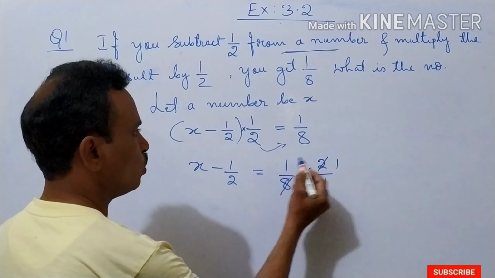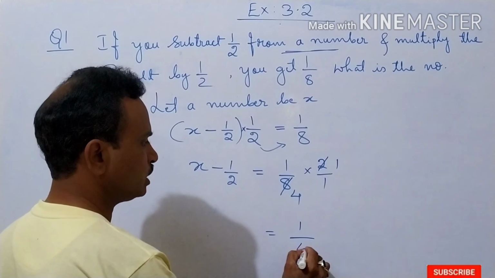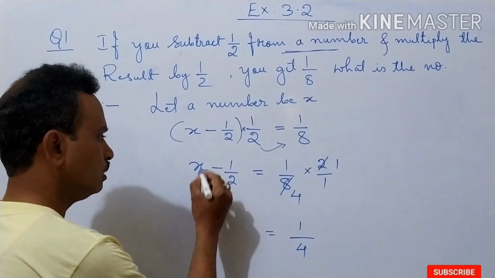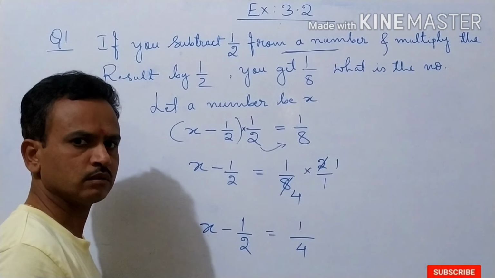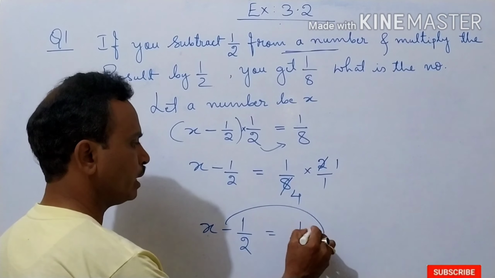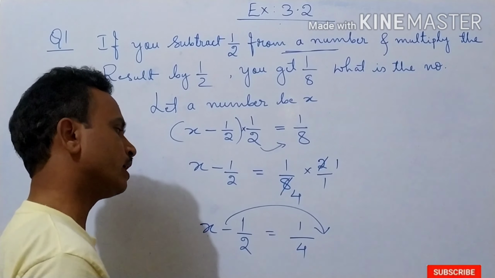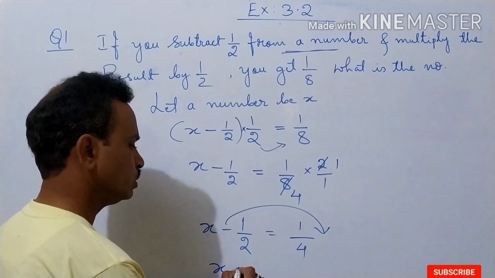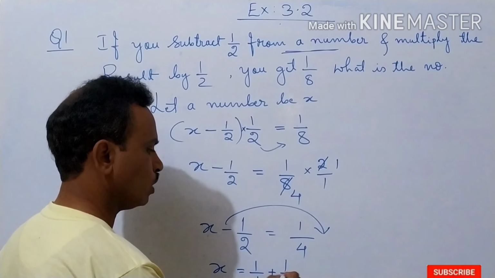Now what is remaining here? 1 into 1 is 1. Here 4 into 1 is 4. Then x minus 1 by 2 as it is. Minus 1 by 2 you should take to the RHS side, so it becomes plus 1 by 2. So x is equal to 1 by 4 plus 1 by 2.